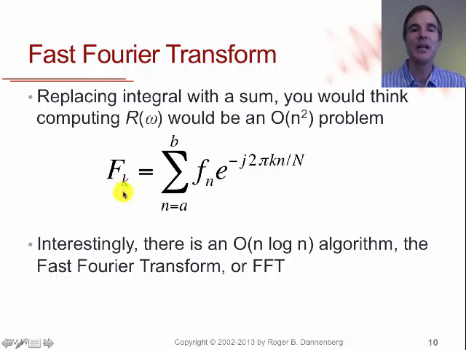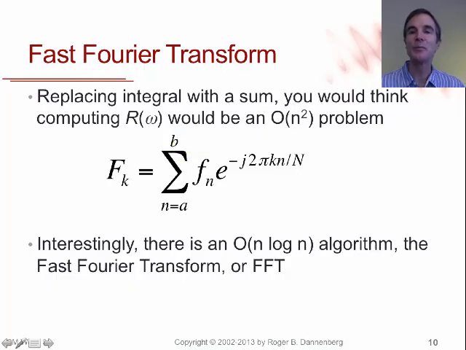Well, for each value of k, we have to run through all of the samples of this time interval. And how many values of k are there? Well, it turns out there are as many values of k as there are samples being analyzed. So this seems like an n-squared problem. For each value of k, we sum up a function of each sample.